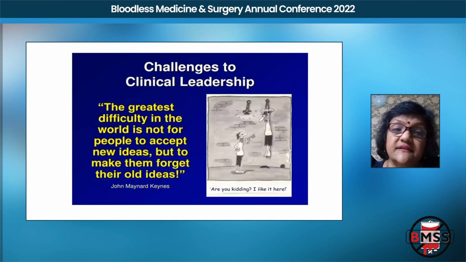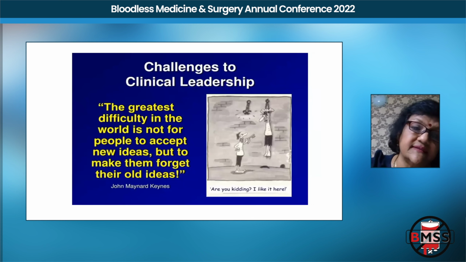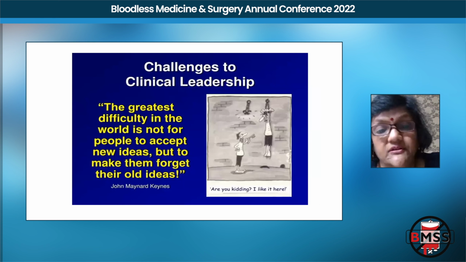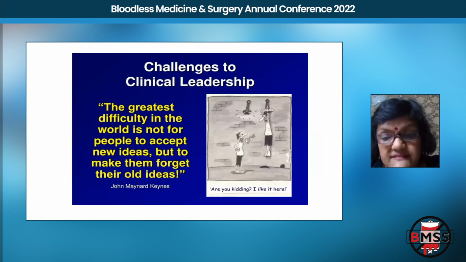The greatest difficulty in the world is not for people to accept new ideas, but to make them forget their old ideas. In our journey for patient blood management, we were able to convince the people with old ideas, but to inculcate patient blood management among the younger generation of doctors is a challenge.